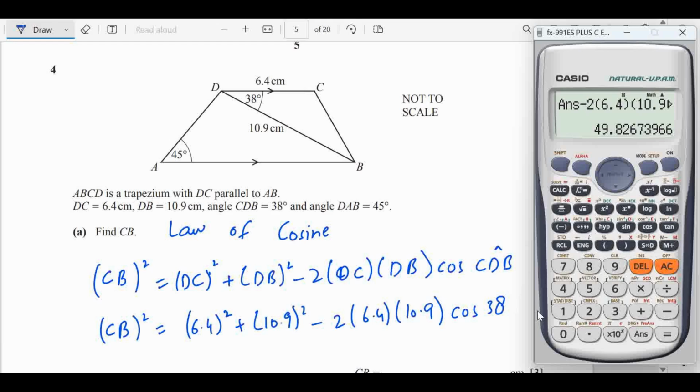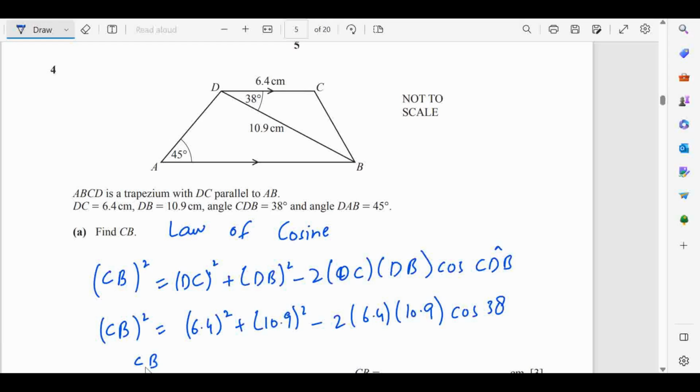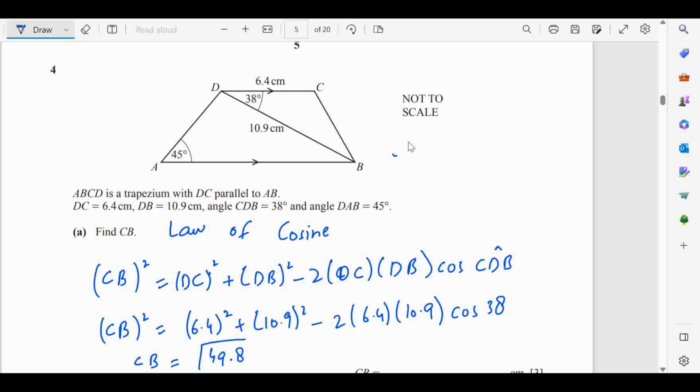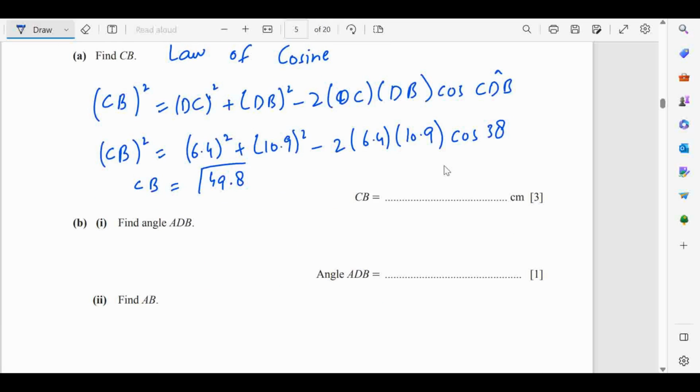So we can write it as CB will be equals to square root of 49.8, because we can take square root on both sides. If we take the square root of the answer, this will be equals to 7.05. This will be the final answer.